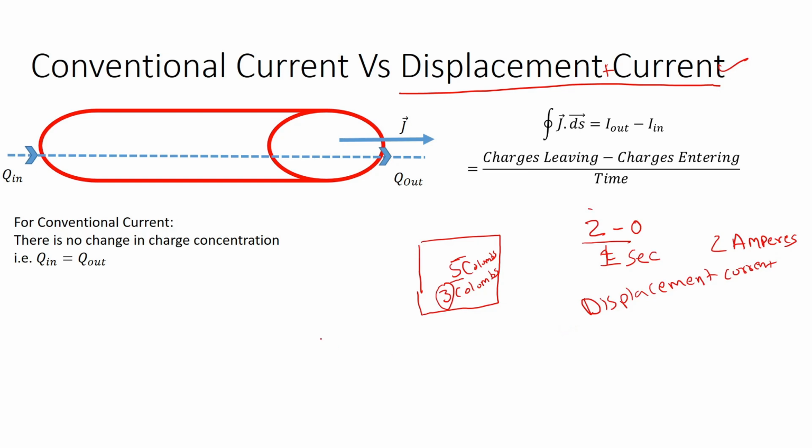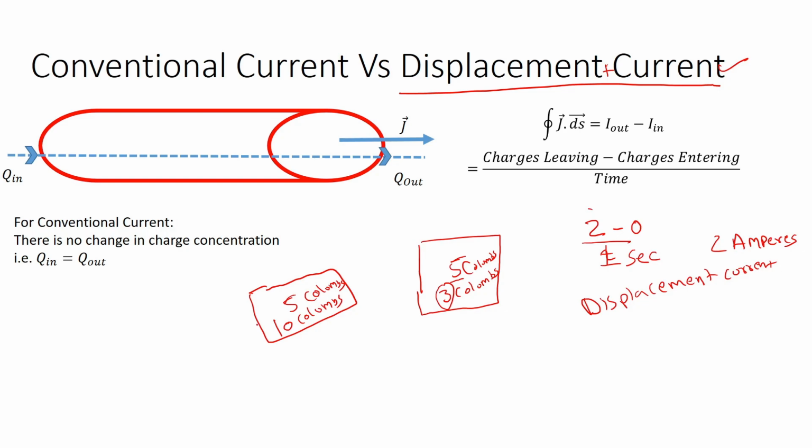Let us consider one more scenario. I have 5 coulombs of charge earlier, but for some reason this body has gained charge. How much did it gain? It became 10 coulombs within 2 seconds. That means this body has received 5 more coulombs.